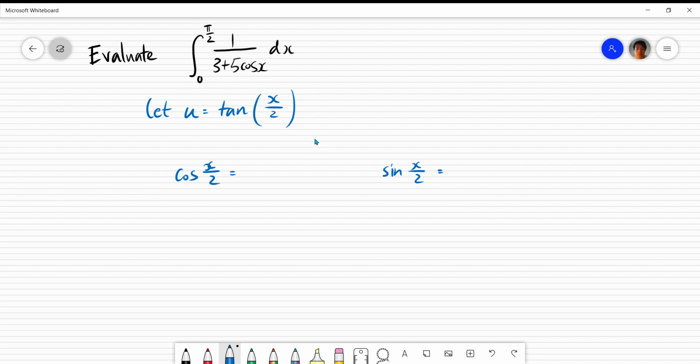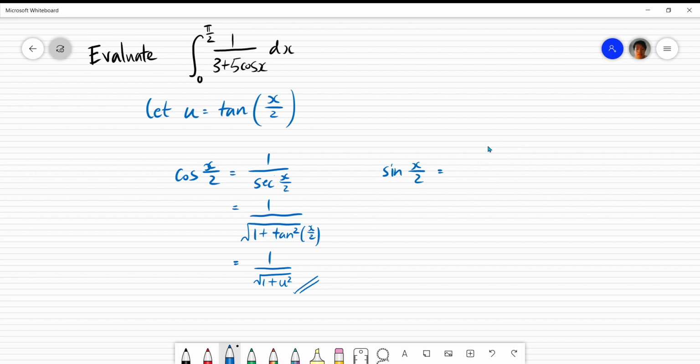Well, cosine is just 1 over secant of x over 2, and we know that is 1 over the square root of 1 plus tangent squared of x over 2, coming directly from our Pythagorean identity. So we can just replace that with 1 over square root of 1 plus u squared. Okay, that's one of them. Very nice. Let's try sine.